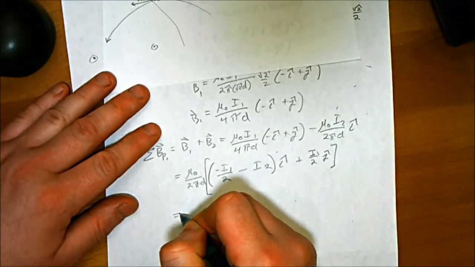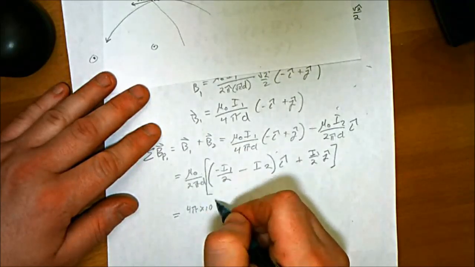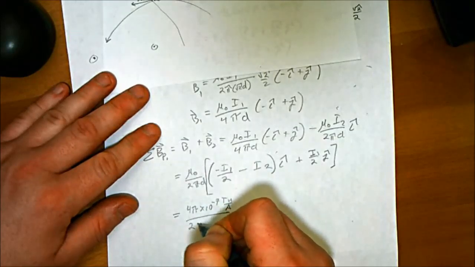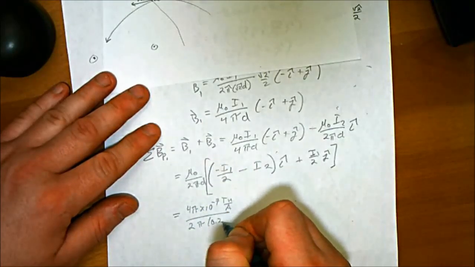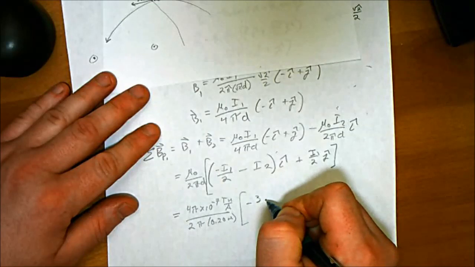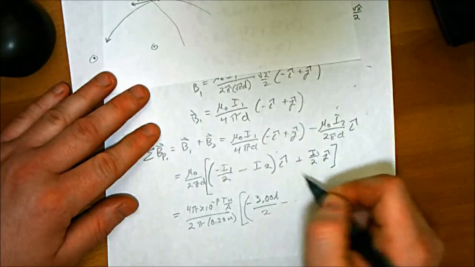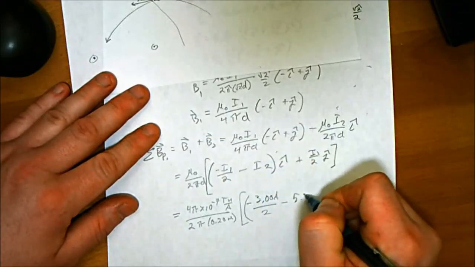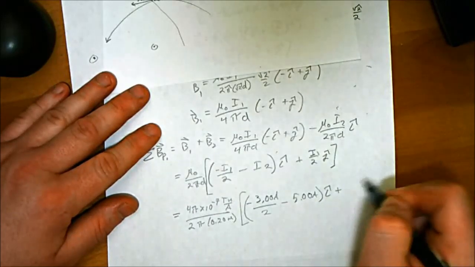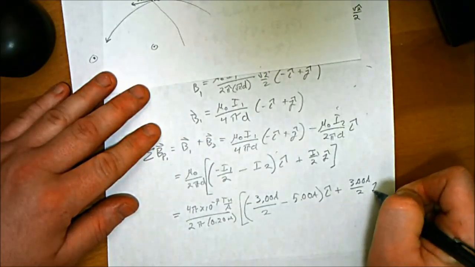Okay, so now it's just a matter of plugging in the numbers. 4 pi times 10 to the negative 7 tesla meters per amp over 2 pi times d, which is 0.20 meters, times minus I1, which is 3.00 amps over 2, minus I2, 5.00 amps, i hat, plus I1, which is 3.00 amps over 2, j hat.